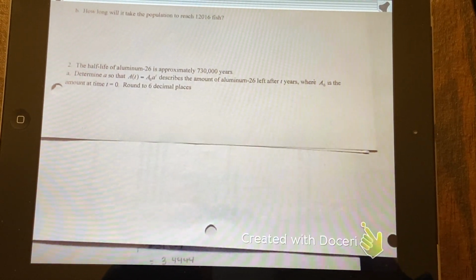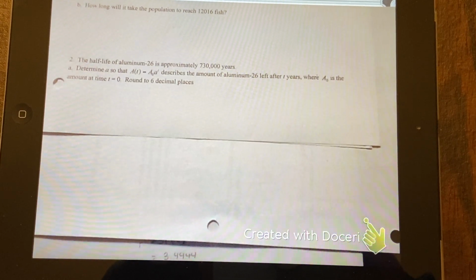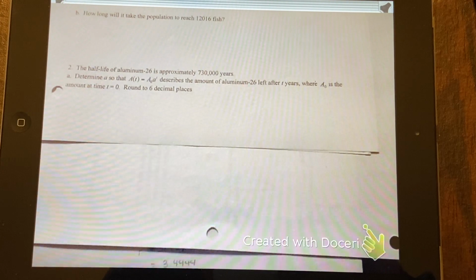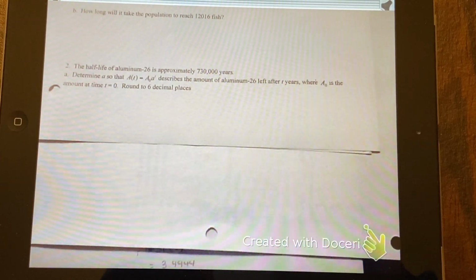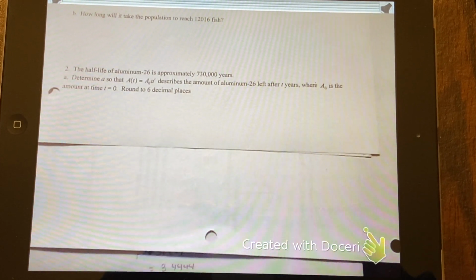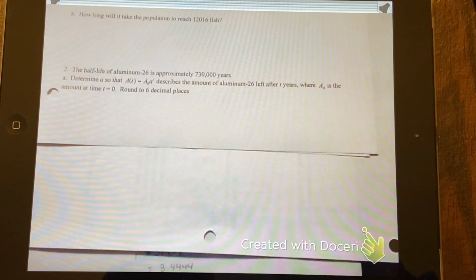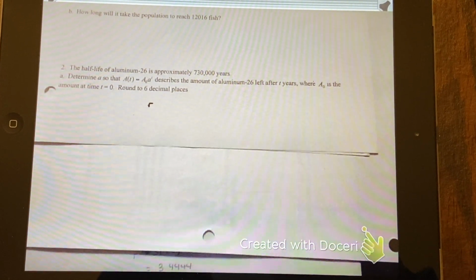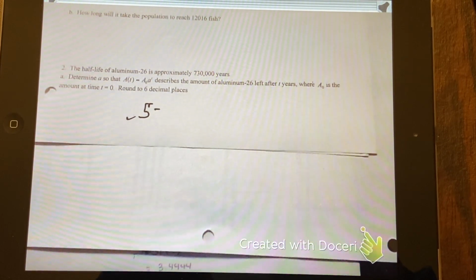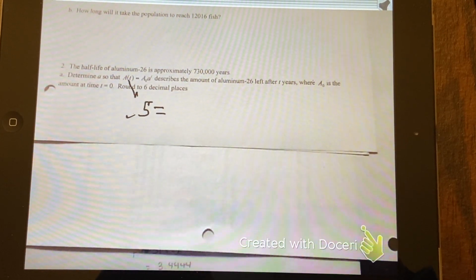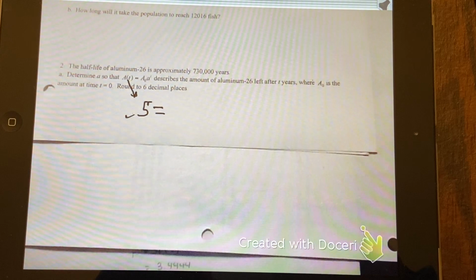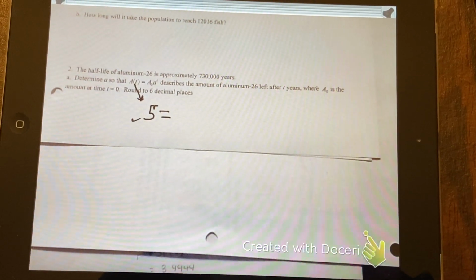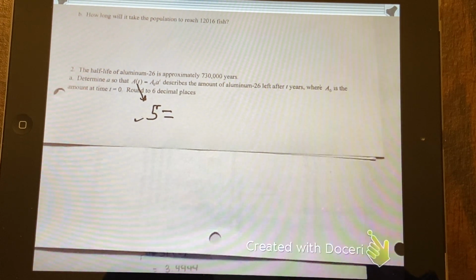And then the second part of that question gets us into half-life. The first two were doubling, so here I want half-life. If you just assume that half-life is where I want to be, that would be my A sub T. And A naught represents what I start off with.